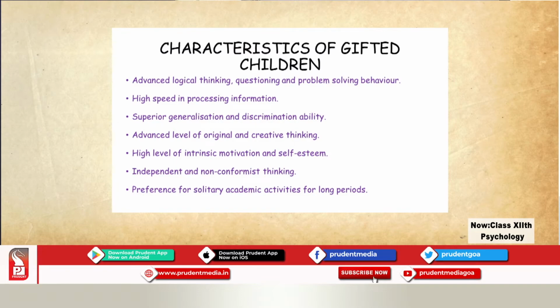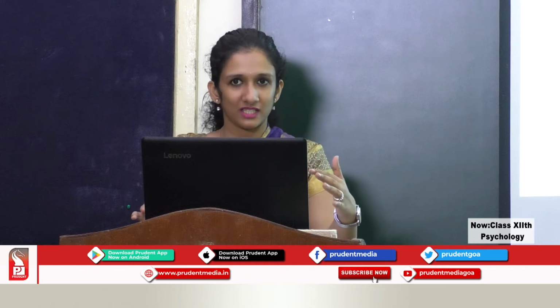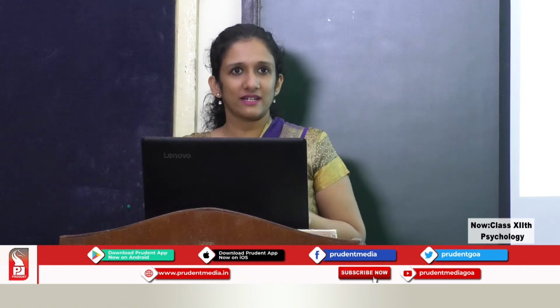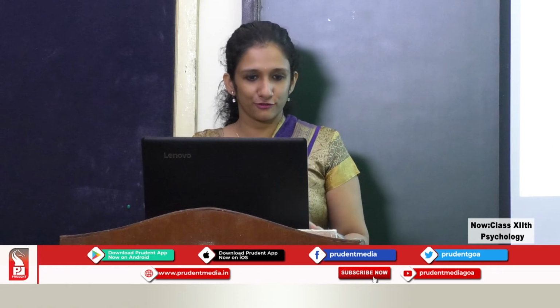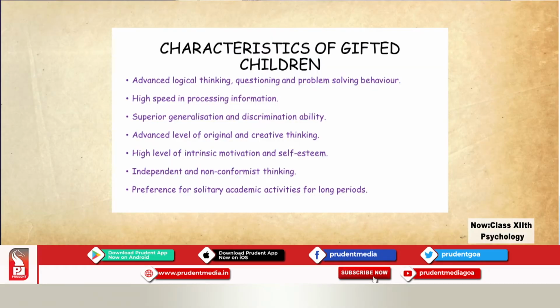They are independent and they have non-conformist thinking, and their preference is more for solitary academic activities for long periods, because it is difficult for them to adjust with other people's levels, because they know at some point that they are superior and their thinking is different. So, they prefer solitary academic activities. Okay.